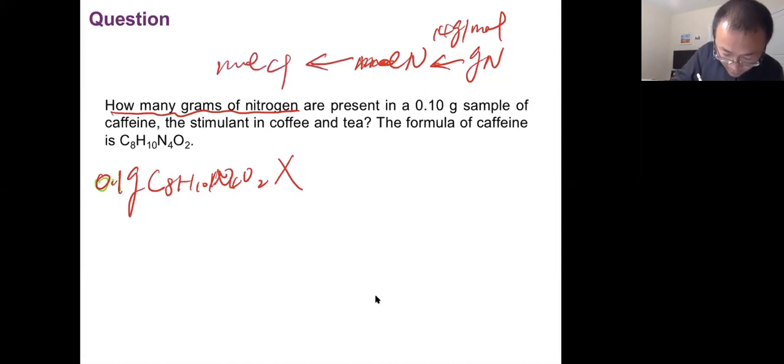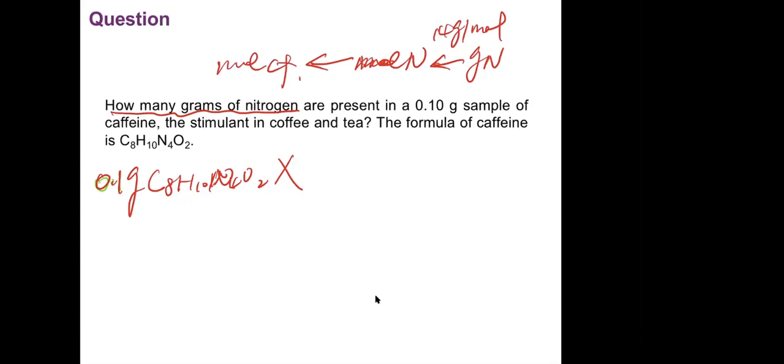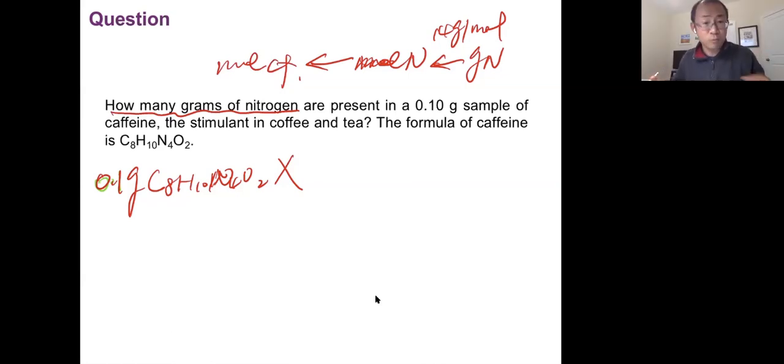What's the relation between moles of caffeine and moles of nitrogen? Can anybody tell me? There are 4 moles of nitrogen in 1 mole of caffeine. Perfect. From the formula, we know that. One caffeine has 4 nitrogen. So 1 mole of caffeine is 4 moles of nitrogen.